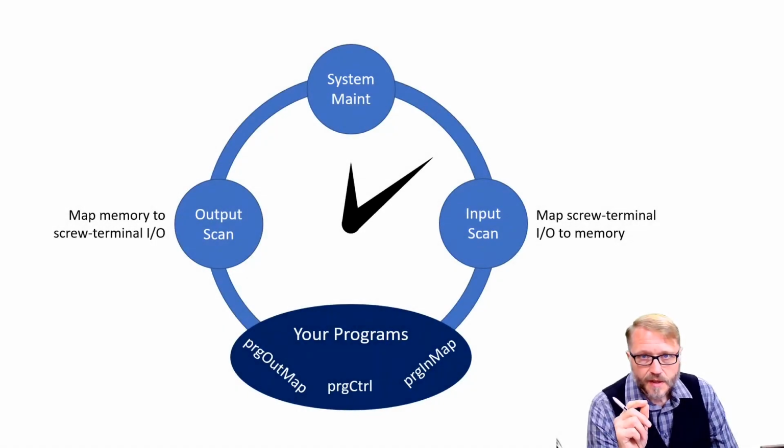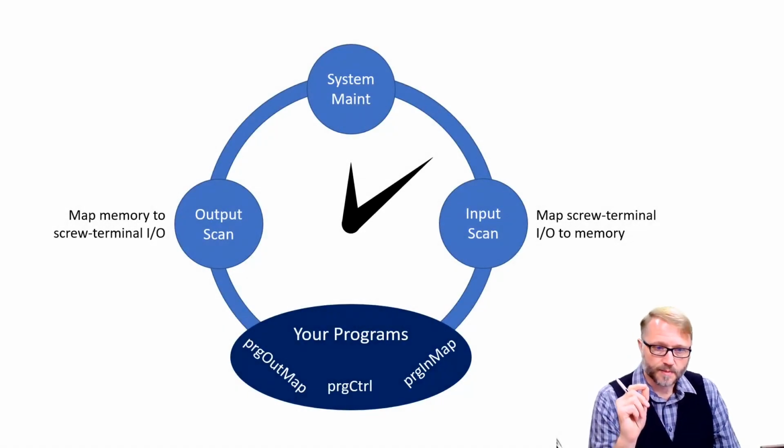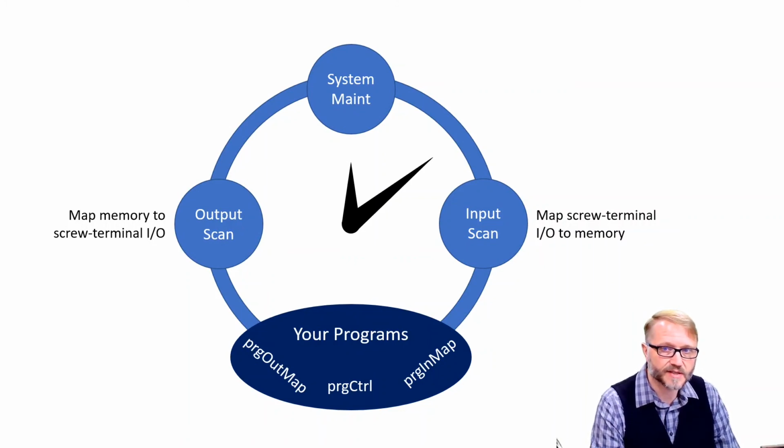All right, folks, we are back here again talking about the memory models of the PLC. The concept of time is something you're always going to have to keep in the back of your mind when we start talking about these memory operations.